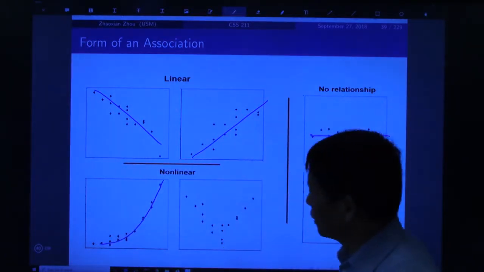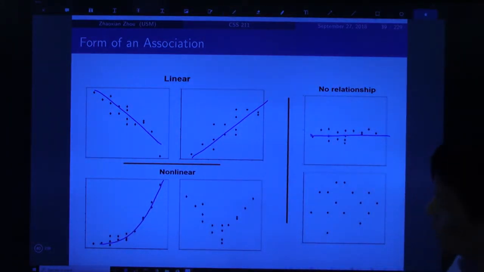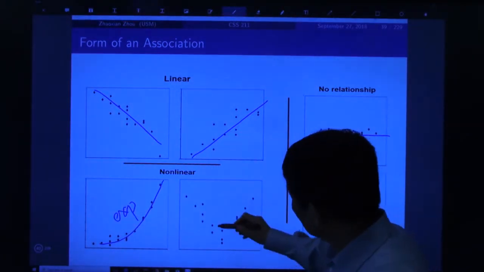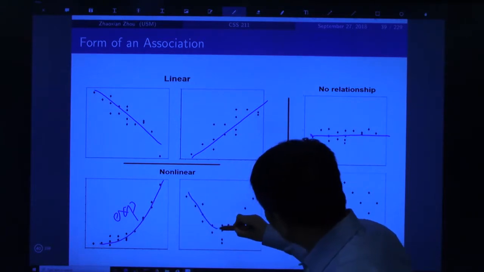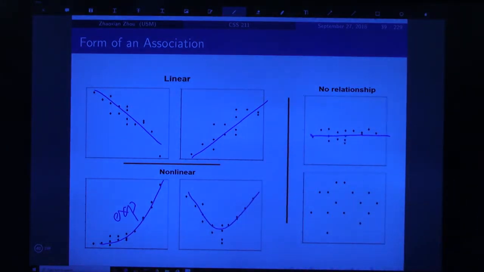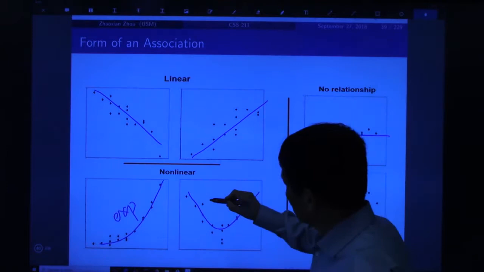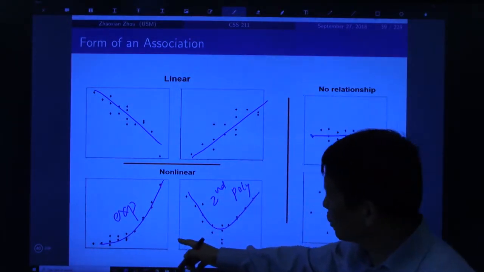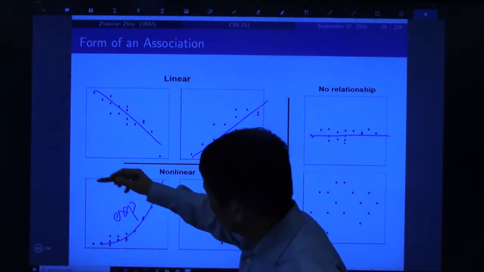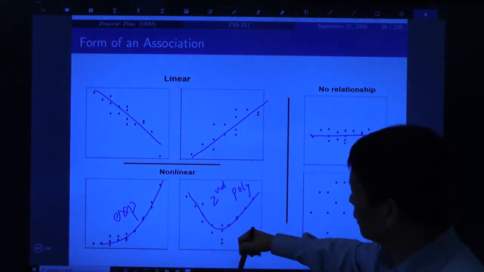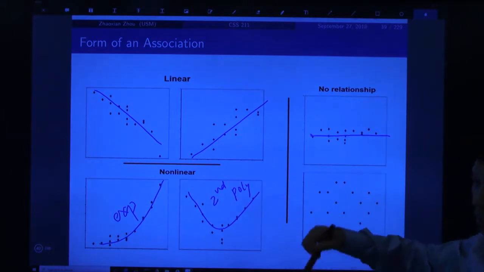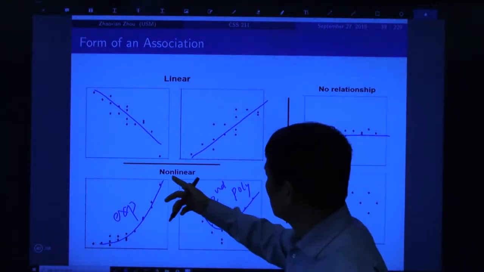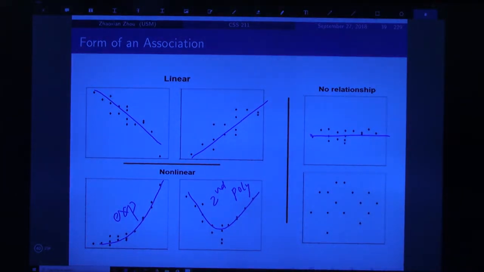This is nonlinear, and it looks like exponential. And for this one, the fitted line may look like this, so it looks like a second order polynomial. But anyway, whether it's exponential, or logarithmic if you go this way, or second order polynomial, third order, or even higher order polynomials, all these are called nonlinear association.